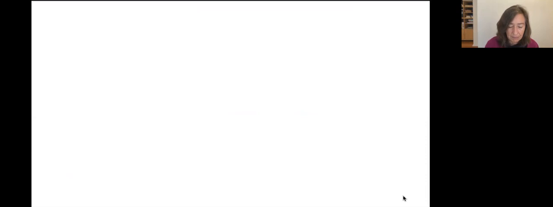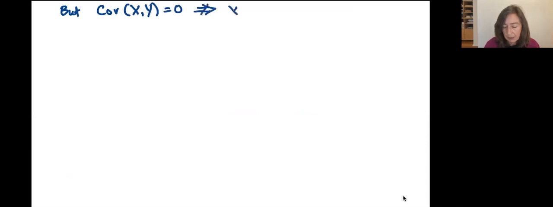And so we'll see an example here that lets us see that you can have a covariance equal to 0 and not have independence.